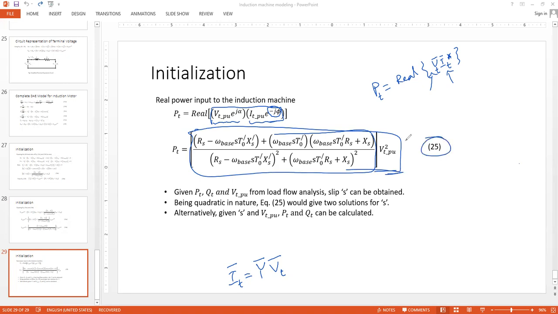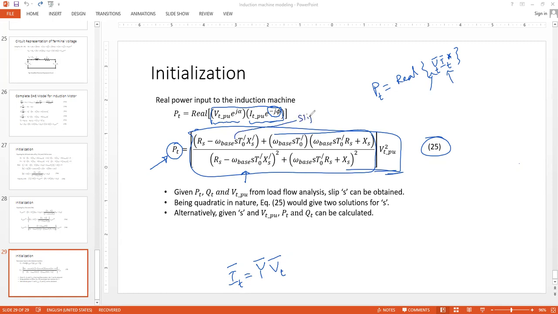Equation number 25. So now equation 25 gives you the relationship between the real power PT, the numeric value. Remember, PT is not a phasor, it is a numeric value. So you don't see any j term, any complex term appearing in this expression. All these are magnitudes. This S is not Laplace, this is the slip value.